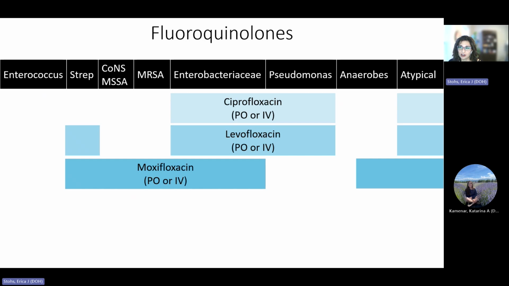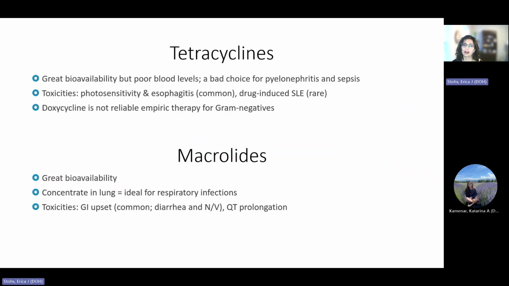This is an illustration of fluoroquinolone's spectra of activity against the different bacteria we've talked about. Again, you can see there is a little bit of variation here between moxifloxacin and the other workhorses, Cipro and levofloxacin. All right, we move on to a couple other different antibiotic classes.